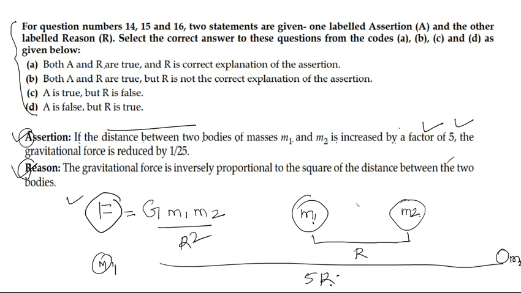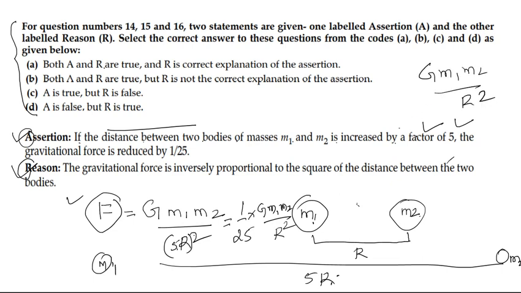If it is 5r, then in place of r I have to take 5r, and so the equation becomes 1 by 25, because this is 5 square, into G m1 m2 by r square. Earlier it was simply G m1 m2 by r square. Now it has become 1 by 25 into G m1 into m2 by r square. So what is the change? It has reduced by 1 by 25.